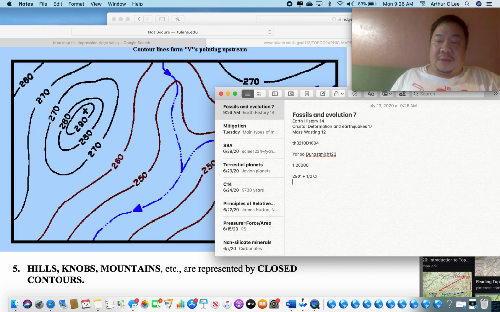So your answer would be 290 feet plus 1/2 of 10 feet. Your answer, therefore, would be 295 feet. So at the top of this hill, at that X, I'm 295 feet above sea level.